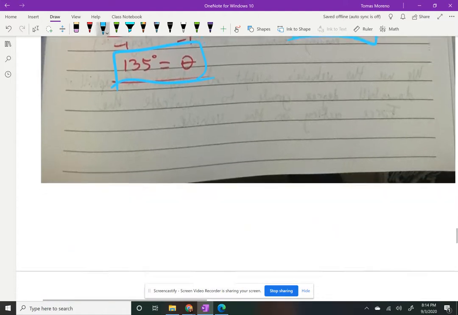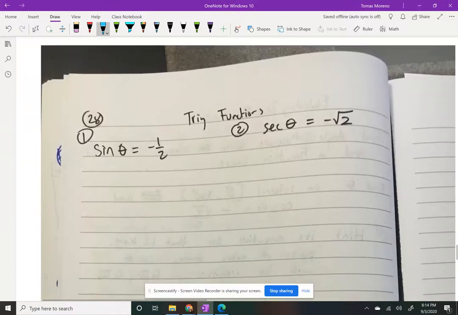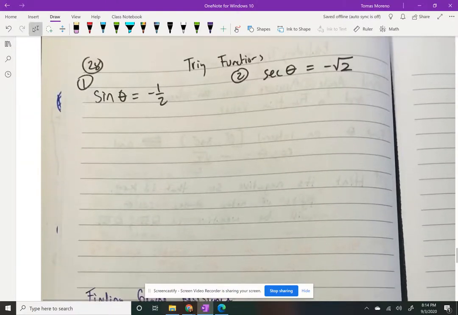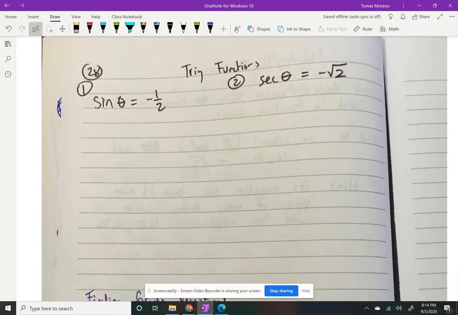Okay, so let's work some problems out. So we have sine theta of negative 1/2. I think we already did this one, but let's try it again. Sine theta 1/2. Let's first figure out the reference angle.